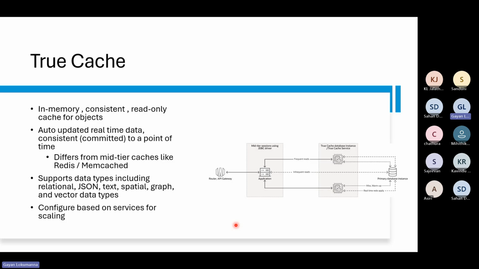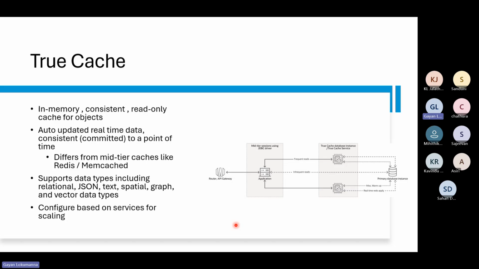We call it the true cache instance. This true cache instance might be residing in the database itself, or it could be in a different location as well. It could be in your application server, or on a different VM or something like that. So you can have your true cache configured in a different environment also.